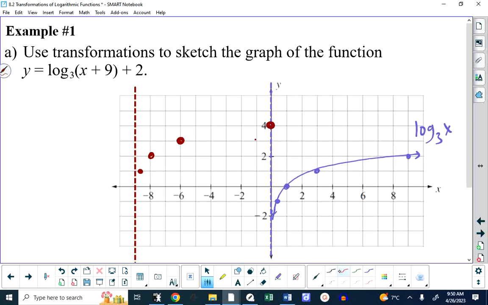So what our logarithmic function will look like is that. I don't really have a high level of confidence that you would be asked to do this on an exam. We're learning about the properties of logarithmic transformations by doing this.